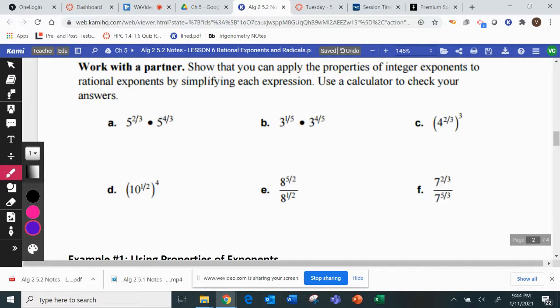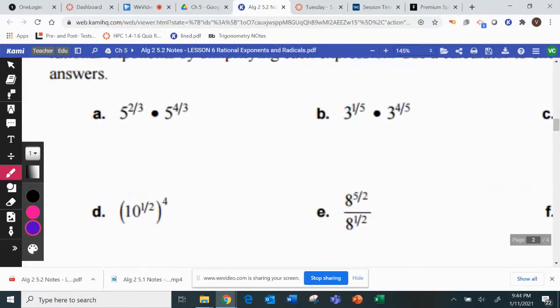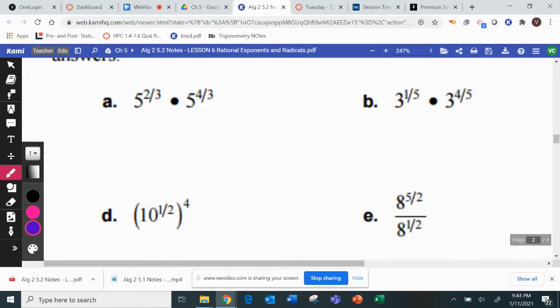All right, so we are going to use the properties above to simplify each of these expressions. Now it says work with a partner. I can be your partner if you want, especially if you are remote today.